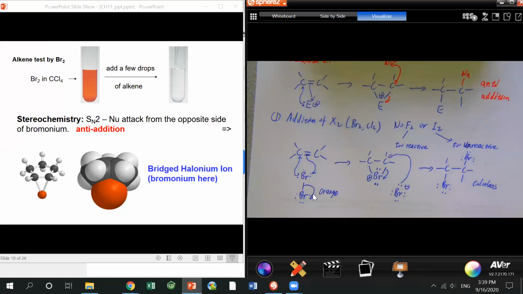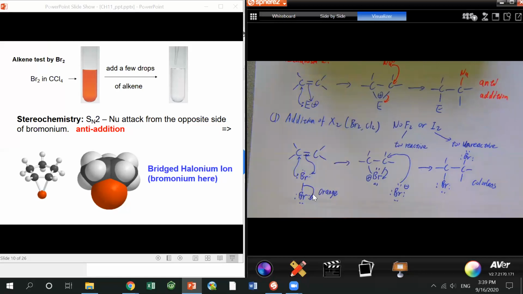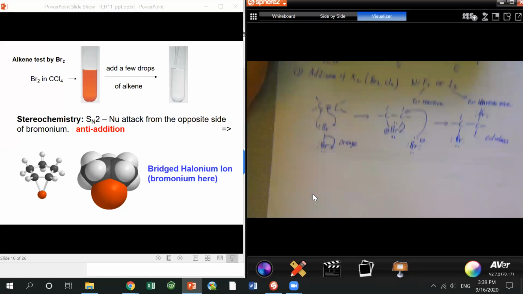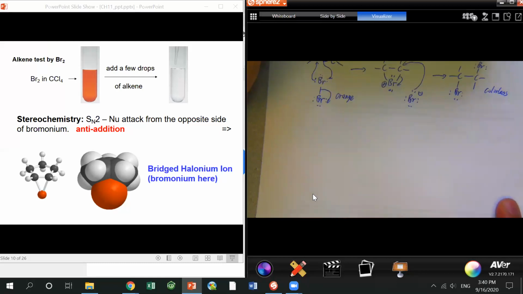The first reaction, under mechanism 1, is the addition of a halogen to generate a dihalide. Under mechanism 2, there are another two where we add other species. So the first thing is the stereochemistry, anti-addition. Regiochemistry, don't worry, we'll talk about later. All right, anti-addition.